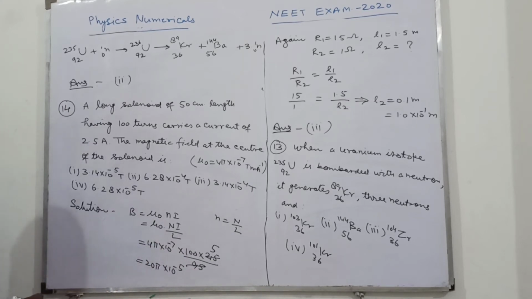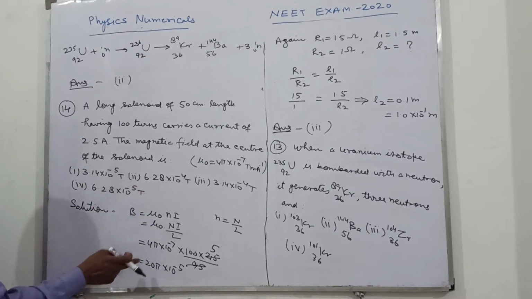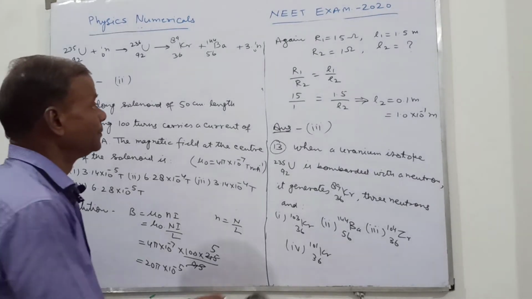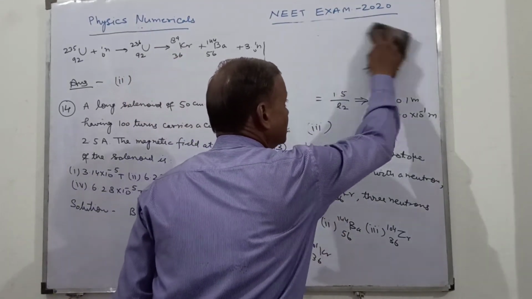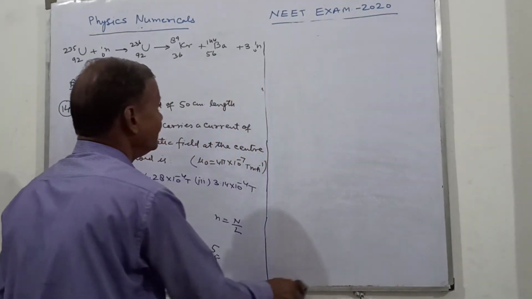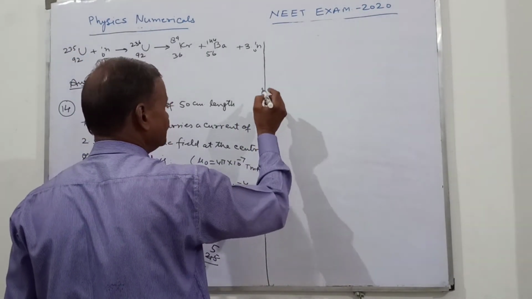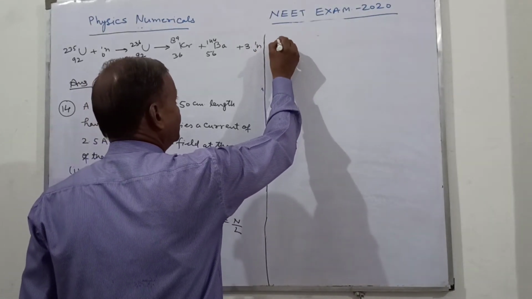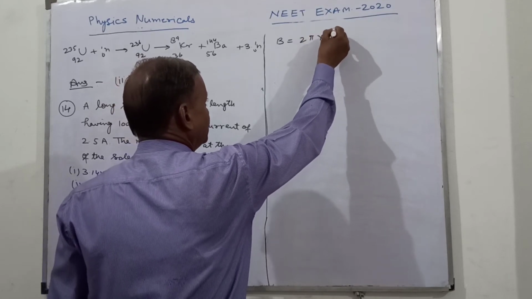You know that the answer is given in terms of the value of pi, 3.14, 6.28, like this. So you have to change this answer according to these given options. So what will you do? Now B equal to 2 pi into 10 raised to the power minus 4.